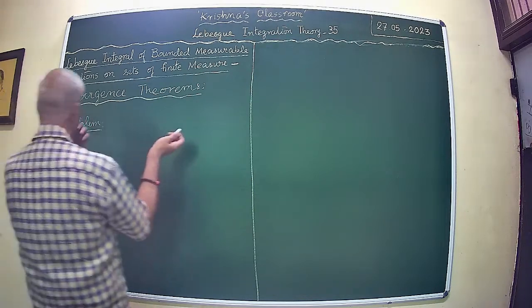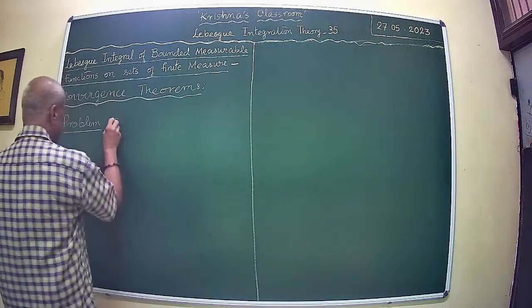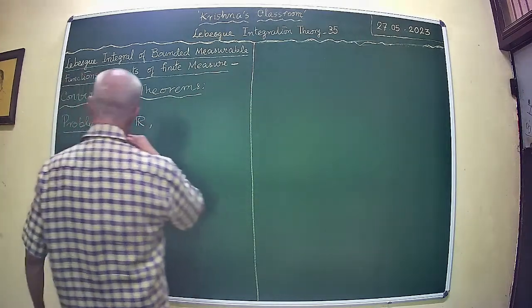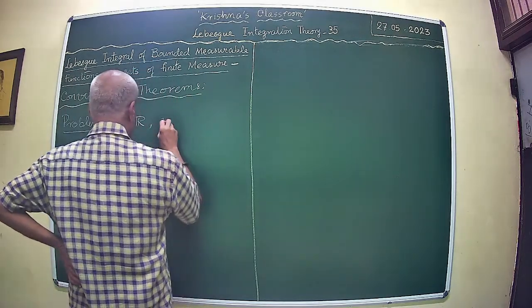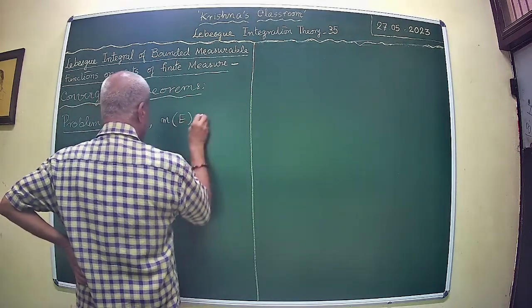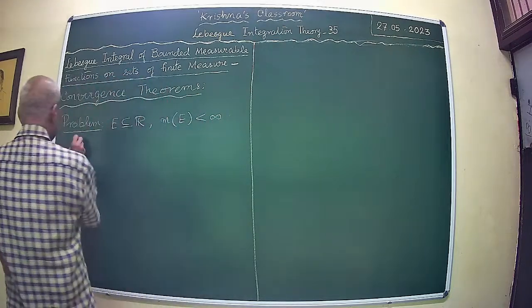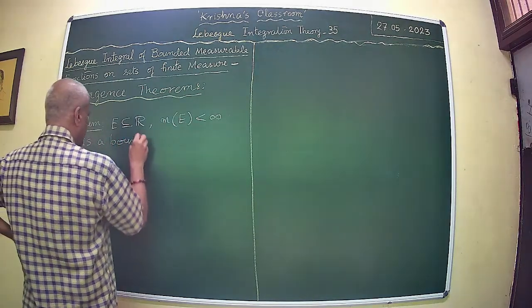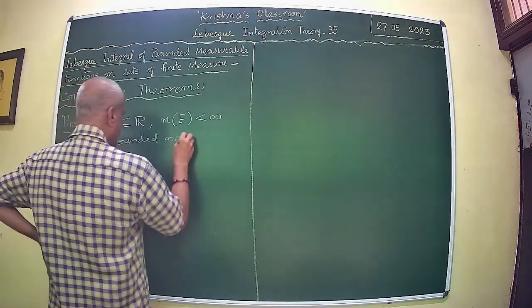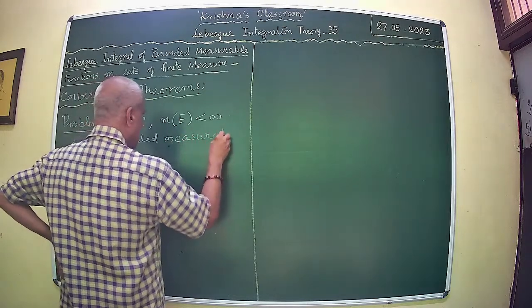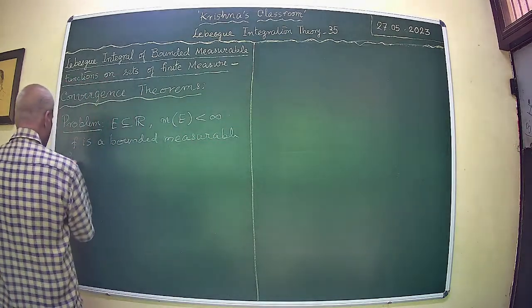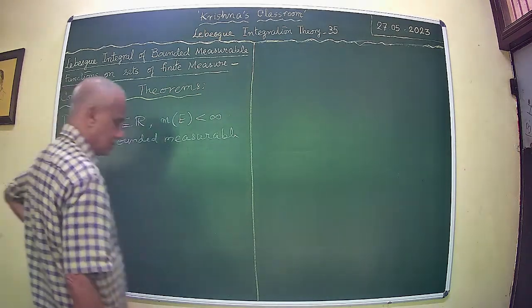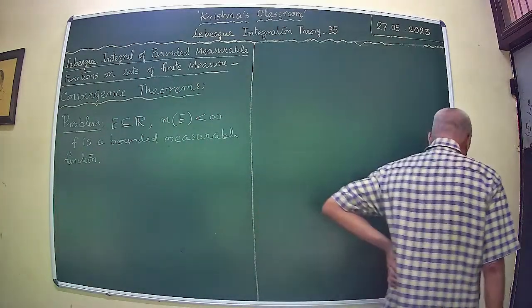Before that, what you have is this, that E is a subset of R, measure of E is finite, and F is bounded. What have we proved earlier?